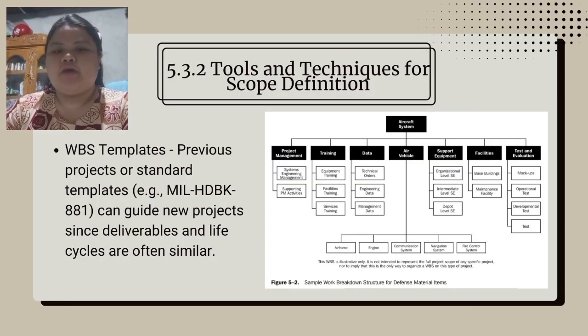WBS templates: previous project or standard templates can guide new projects since deliverables and life cycles are often similar. In this slide, Figure 5.2 shows a sample work breakdown structure for a defense material project where the project is divided into components such as project management, training, data, and facilities.